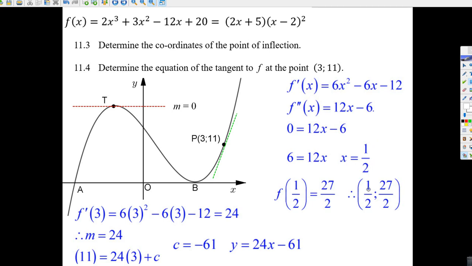So you put 1/2 into the function. It equals 27 over 2. You can try it. Okay, well, that's up to 11.3.